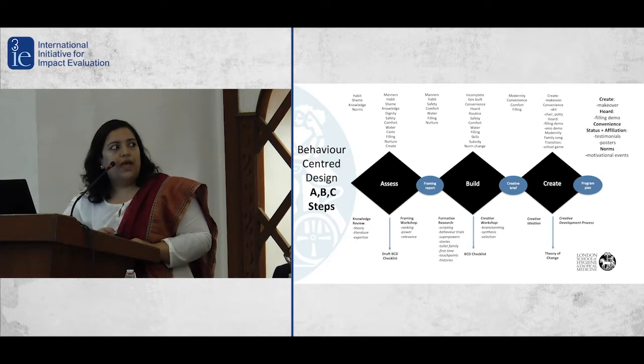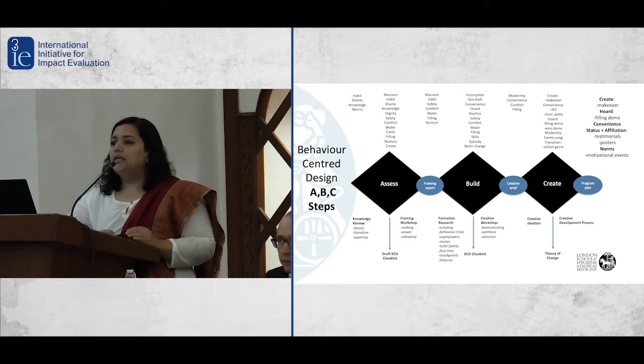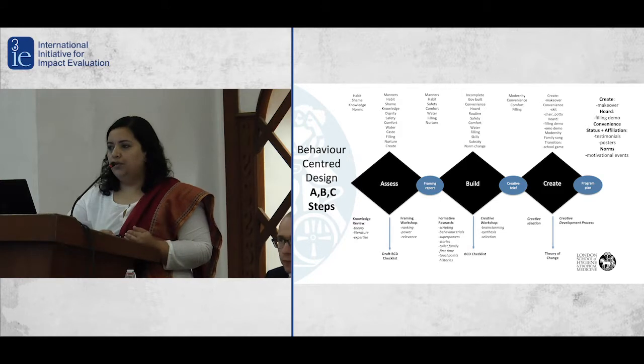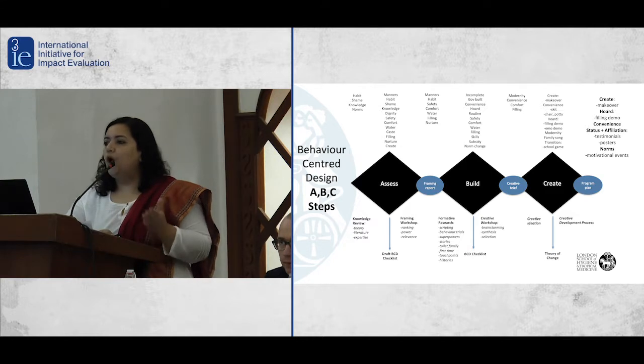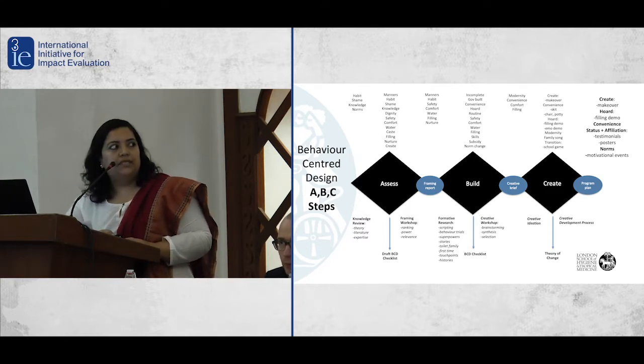As you see in this figure, we started by listing what we already know about toilet use, including the perceptions of the team in the room, which included the implementing team, the research team, and the design team. So we listed some commonly known insights and perceptions.